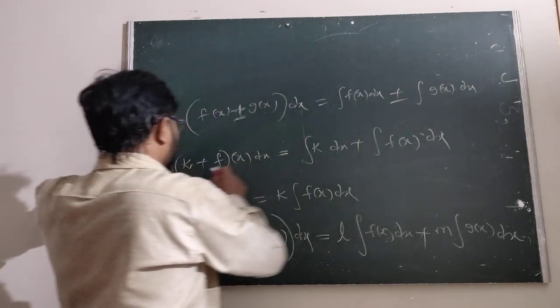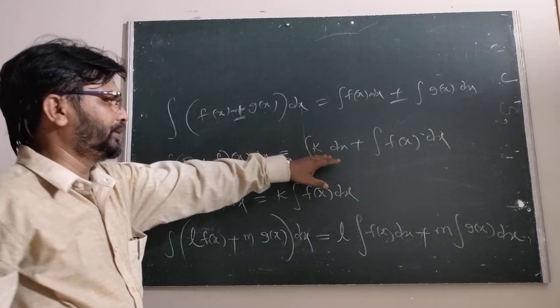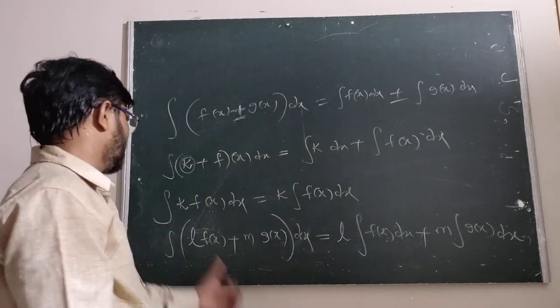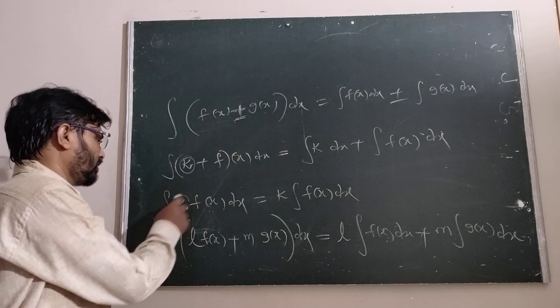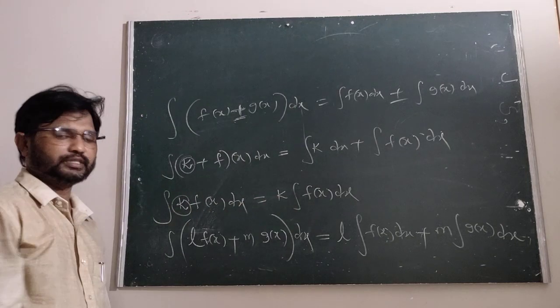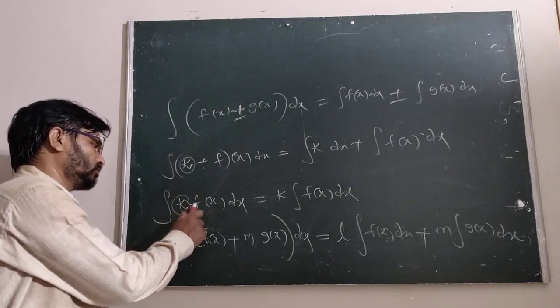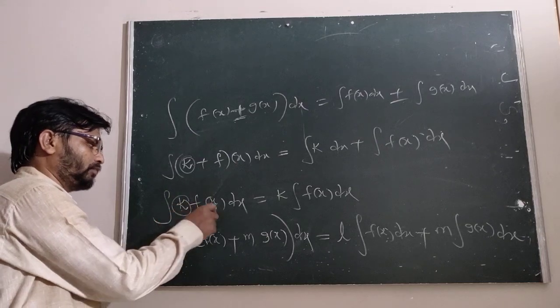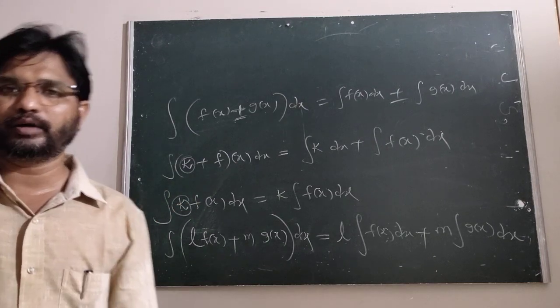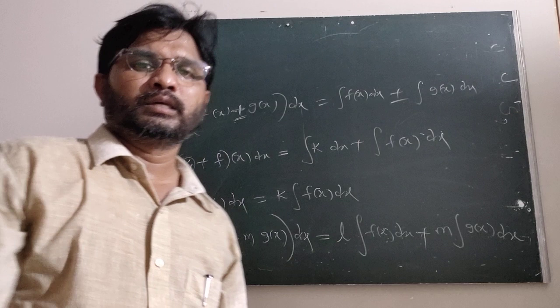Here k is the constant, so you can write k dx. After that f of x dx. If one of them is a constant, you can write k into integral f of x dx. If both are variables, suppose g of x into f of x, then you take by parts in the further exercises. Is it clear?